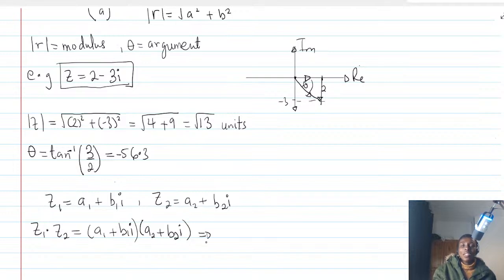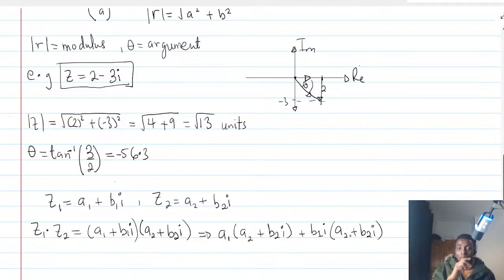So to get this, you are going to distribute a1 to a2 plus b2i, and then b1i will multiply a2 plus b2i. All right. So from here, what do we see?